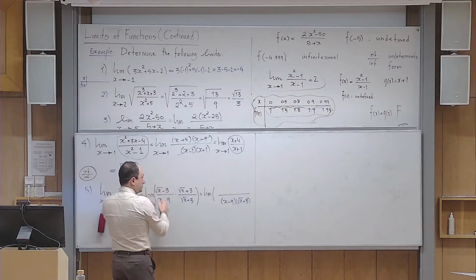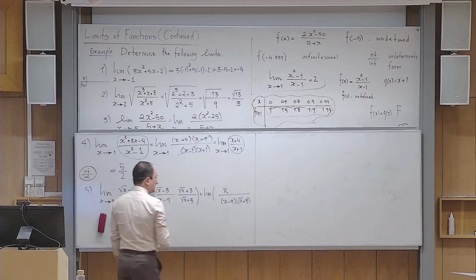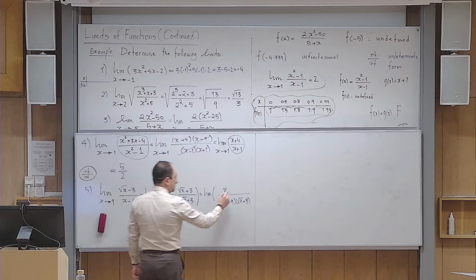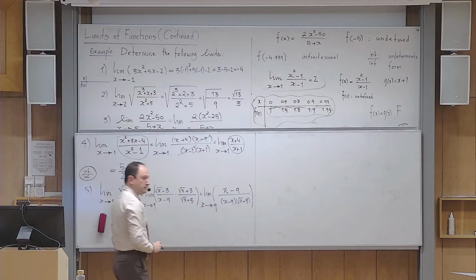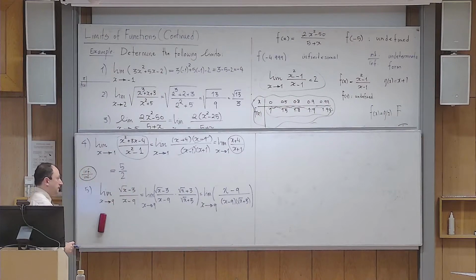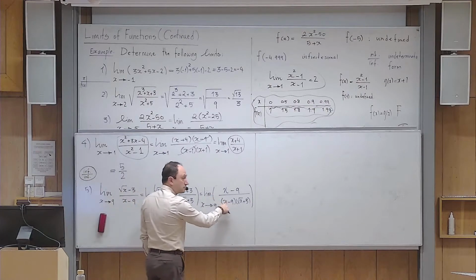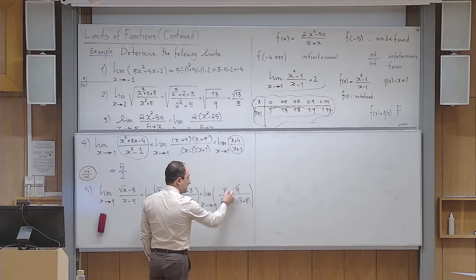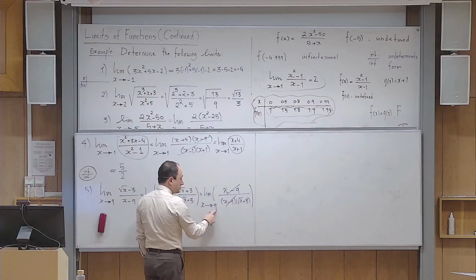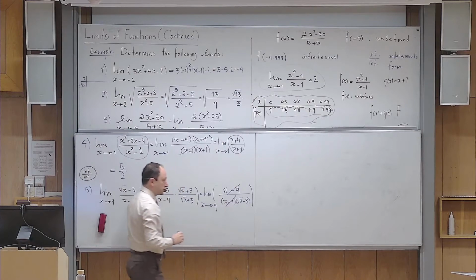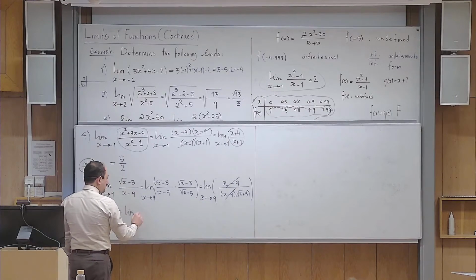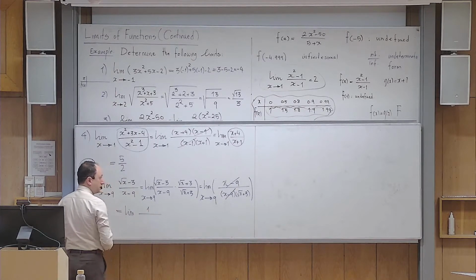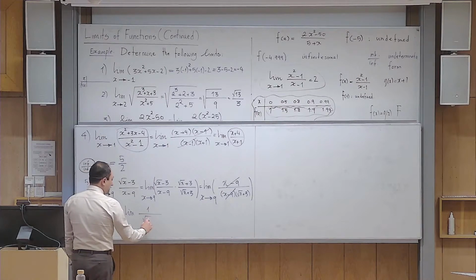It becomes the first one to the power of 2 minus the second one to the power 2, x goes to 9. And then that x minus 9 that appears and that x minus 9 are cancelled now. Am I allowed to cancel it? Yes, because x is not equal to 9, even though it is very close to 9. But when I calculate it, don't be lazy to write it properly. So the numerator, what is left is 1. In the denominator, what is left is this guy.